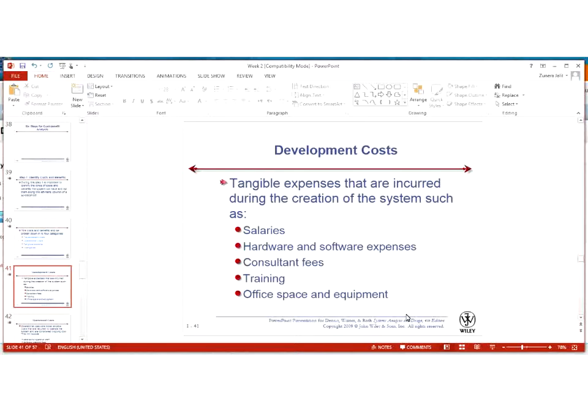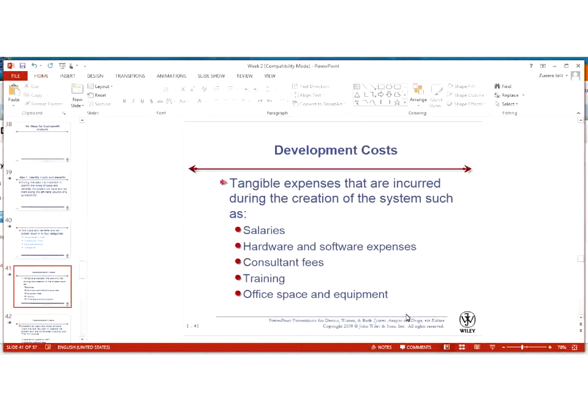So when you say development cost, these are the tangible expenses that are incurred during the creation of the system. These are the expenses which you can see in advance. For example, you have to pay salaries to all the people involved in your project. Then you have to purchase your hardware and software. If you are hiring some consultant, you have to pay his or her consultation fee.